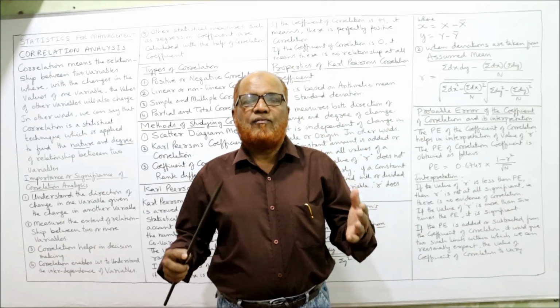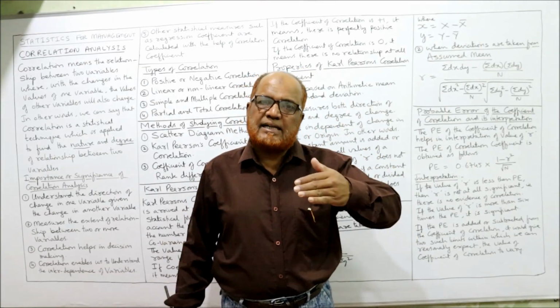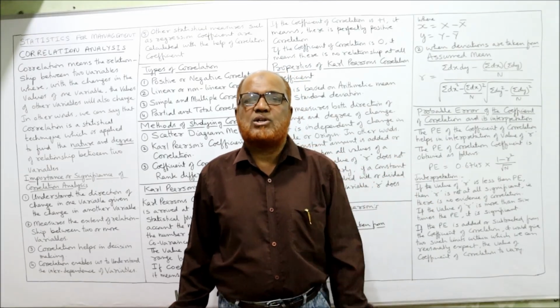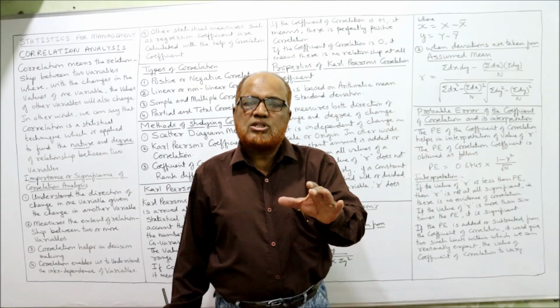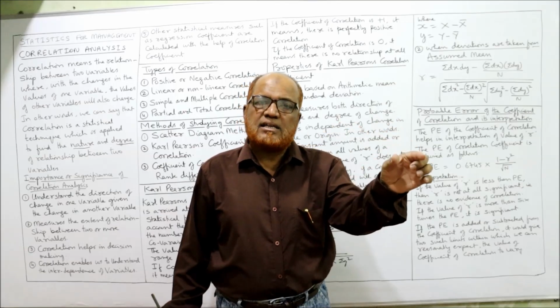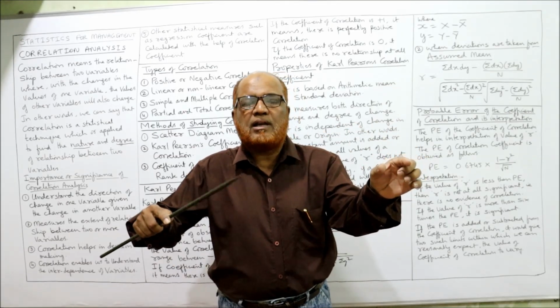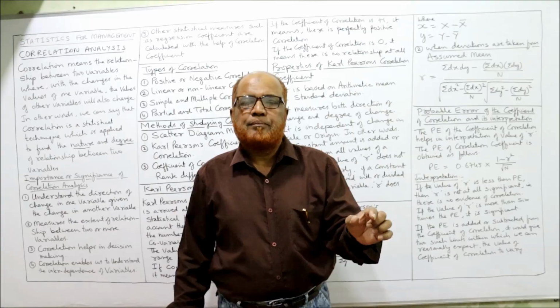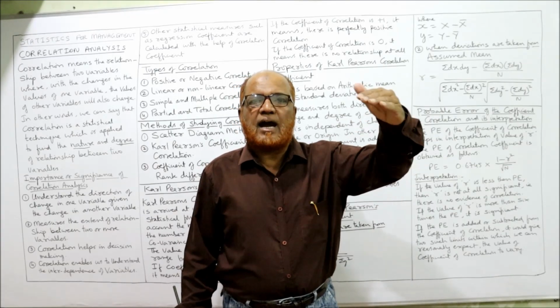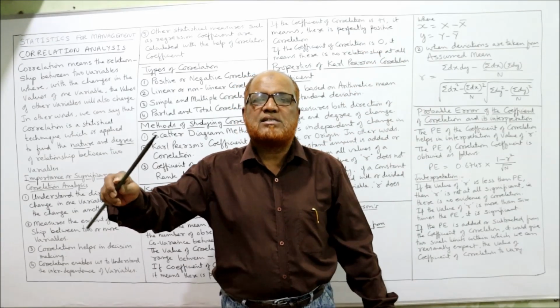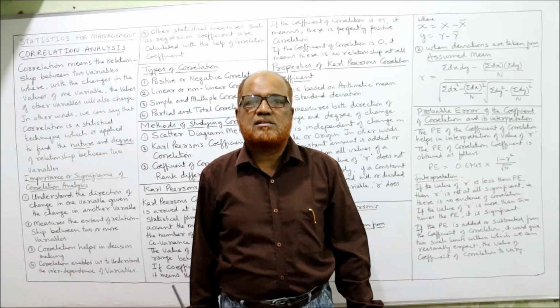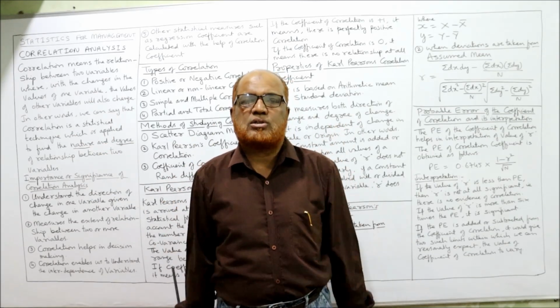Nature means whether the relationship is a direct relationship or inverse relationship. Direct relationship means if there is an increase in X, correspondingly there is an increase in Y. When there is an increase in advertisement expenditure, there is an increase in sales. It is called direct relationship.